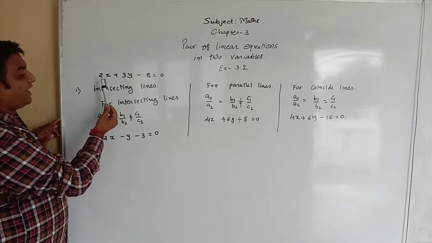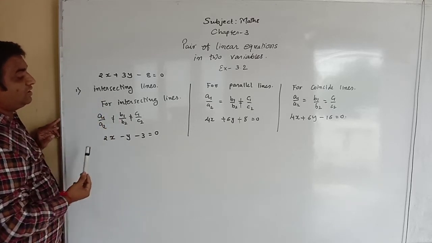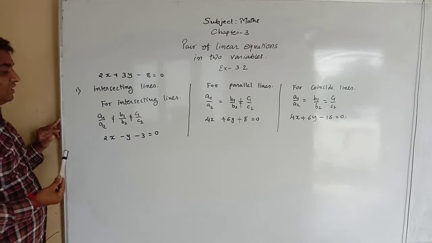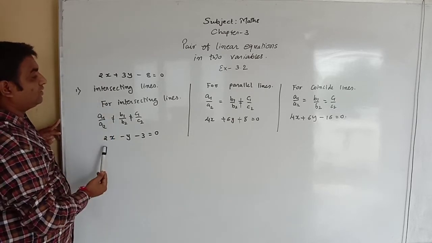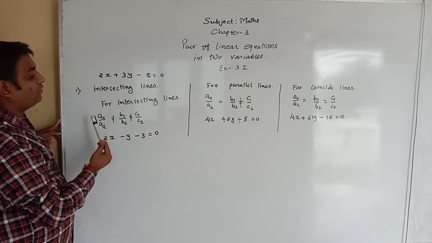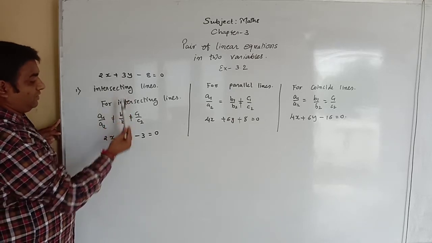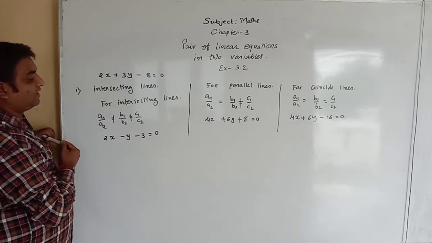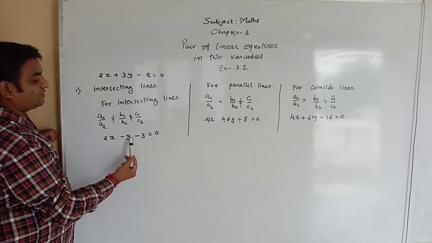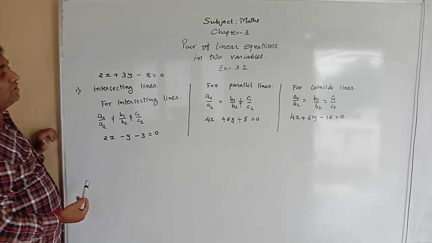So we can select the x, y coefficients and constant such that the ratios do not become equal. Here x we keep 2, then 2 by 2 is 1. So we have to see that b1 by b2 is also not 1. Here we can take any value except 3, so minus 1 we can say. And so 2x minus y minus 3 equals 0.